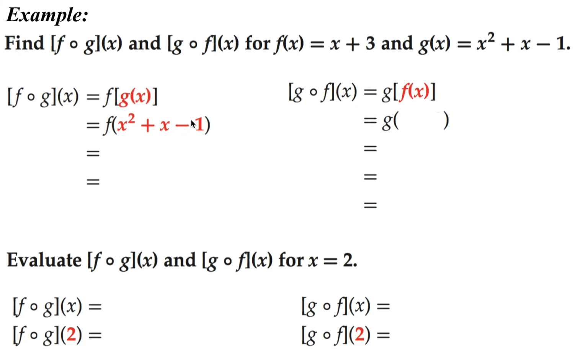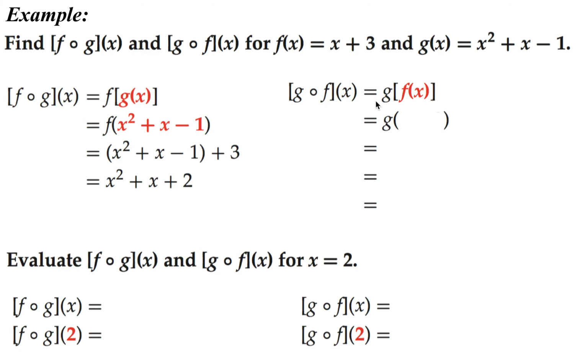Now we're going to plug this entire equation into the function f wherever we see the variable x. So this whole thing goes right here into function f, and then we tag on a plus 3. So this is f composite g of x, and then combining our like terms, we get x squared plus x plus 2. So that is f composite g.